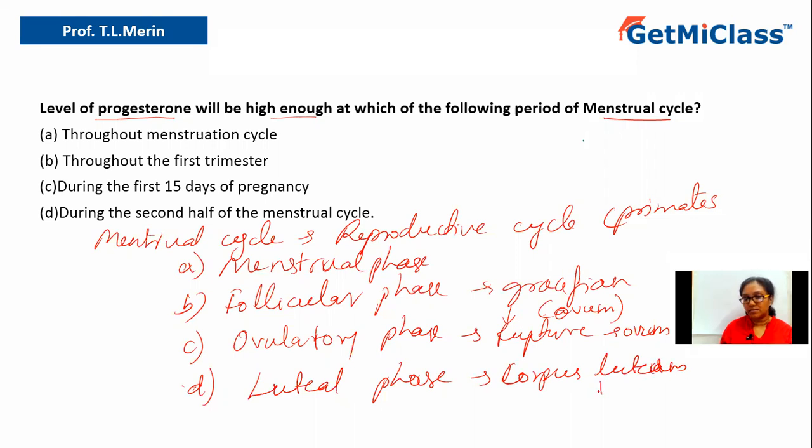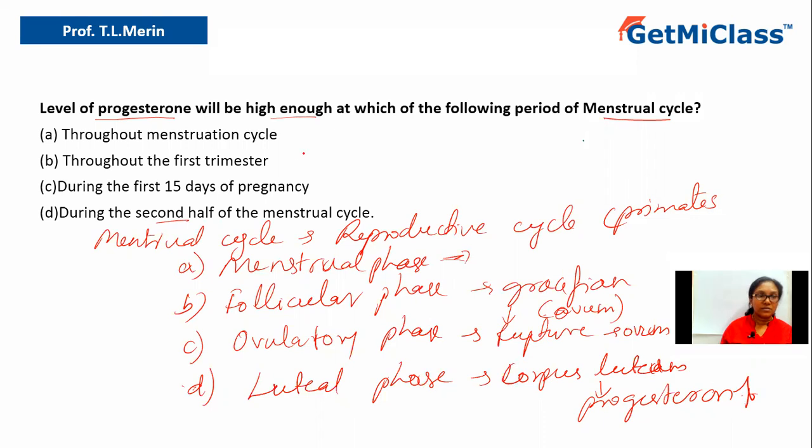Now this corpus luteum secretes a high amount of progesterone, so as to maintain the pregnancy if the ovum gets fertilized, as well as to build back the endometrial layer which was lost during the first phase. This phase comes in the second half of the menstrual cycle, and hence we can say that progesterone level is very high or at the peak during this time.